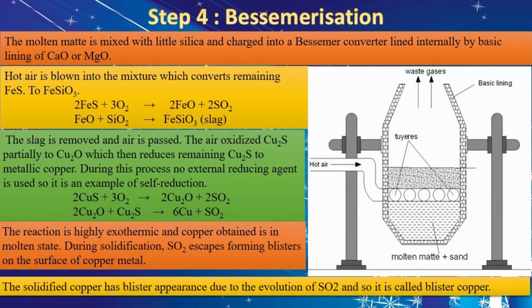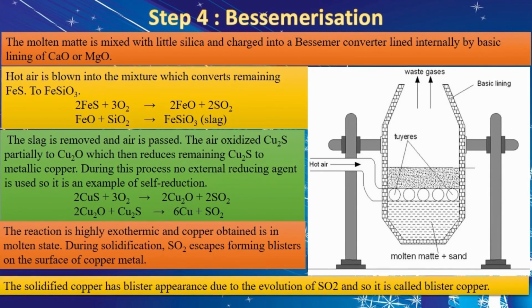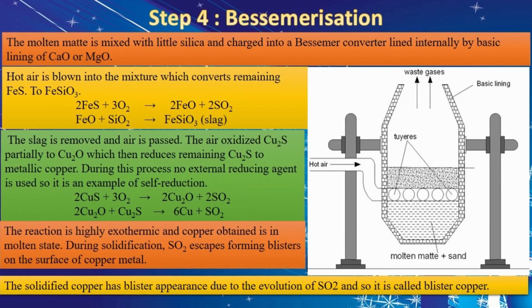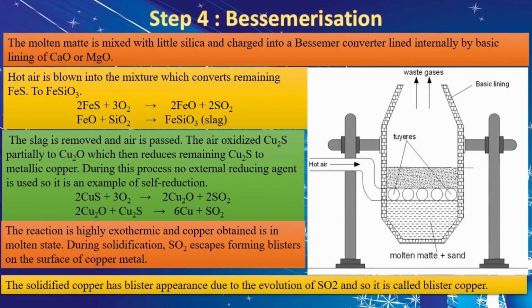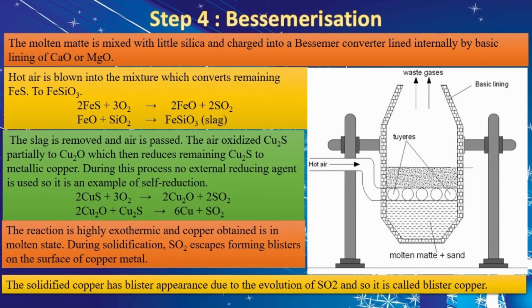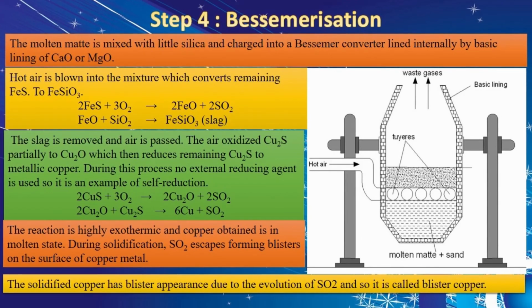This cuprous oxide formed will act as a reducing agent and it reduces the remaining cuprous sulfide to metallic copper. This reaction is found to be highly exothermic, so the copper will be formed in the molten state.